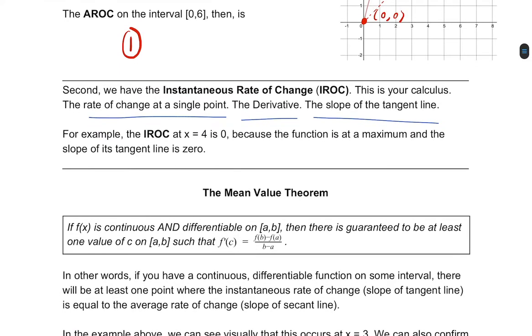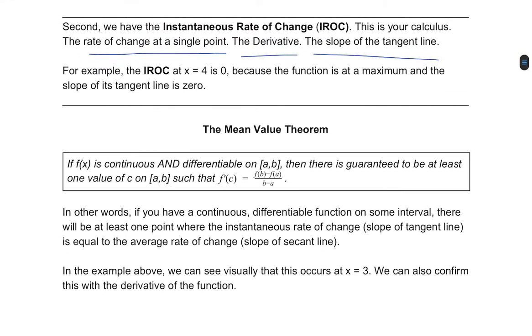This is a really important, this is a memorize it, this is a write it down. If a function is continuous and differentiable on some interval, then there is guaranteed to be at least one value of c on the interval a to b. So some value between 0 and 6 in the example above, where the derivative, the instantaneous rate of change, is equal to the average rate of change.